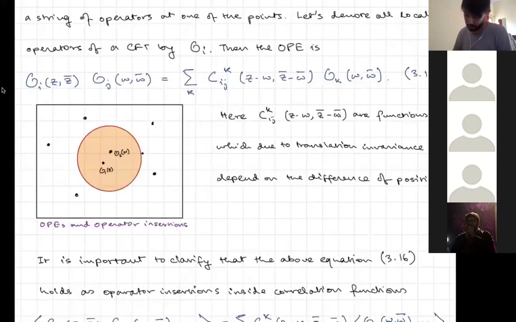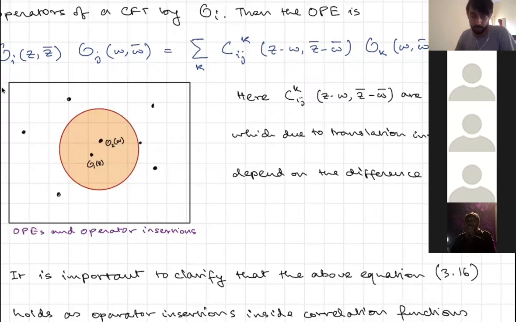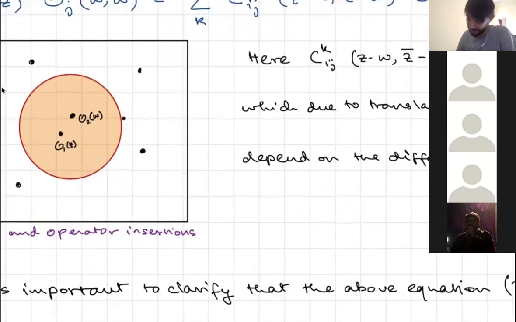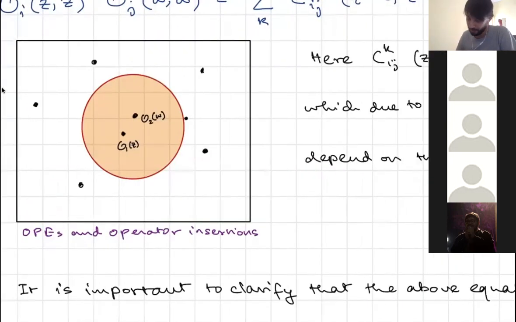The radius of convergence is what is denoted by this red circle here, and you see there is this point here which is just outside.